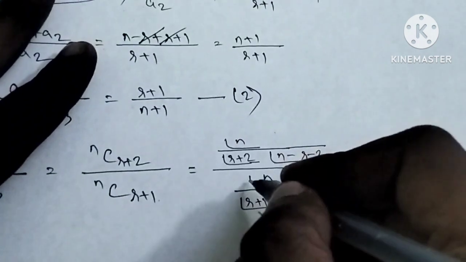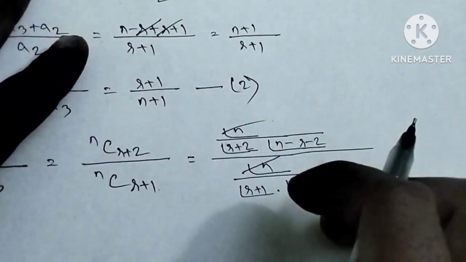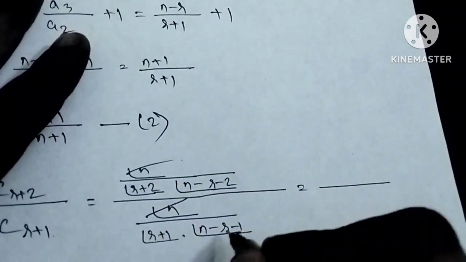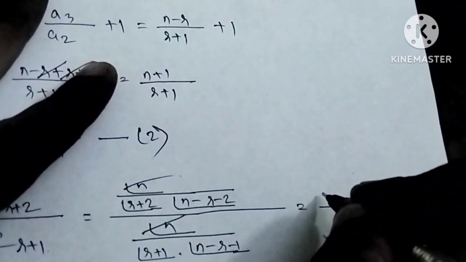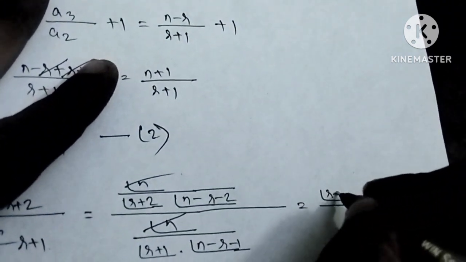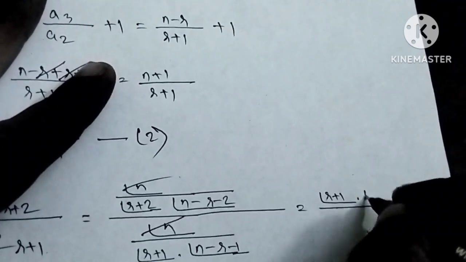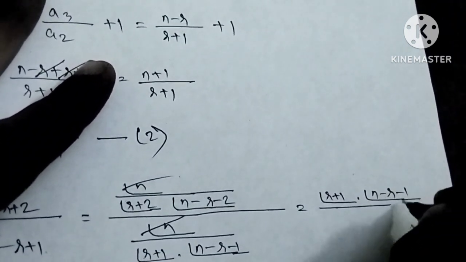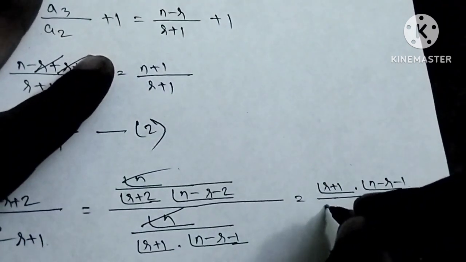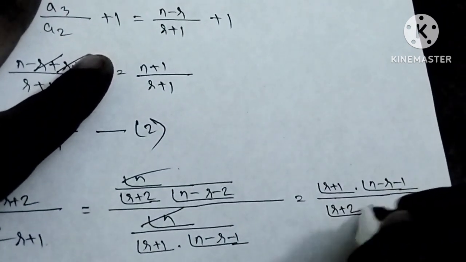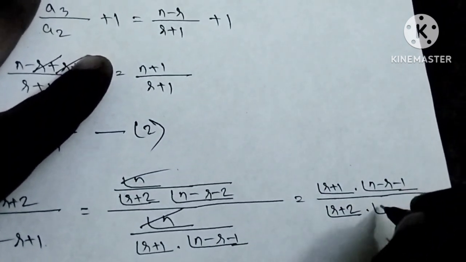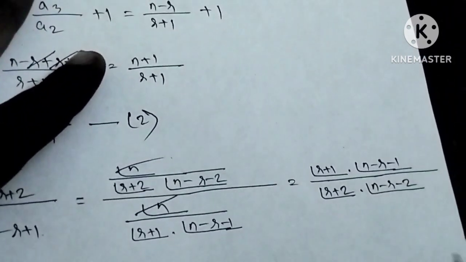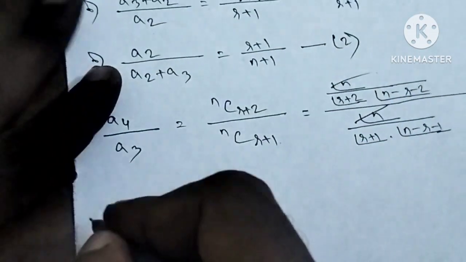Okay, so these two will cancel each other. So what will remain? This will go up: (r+1) factorial into (n-r-1) factorial by (r+2) factorial (n-r-2) factorial.